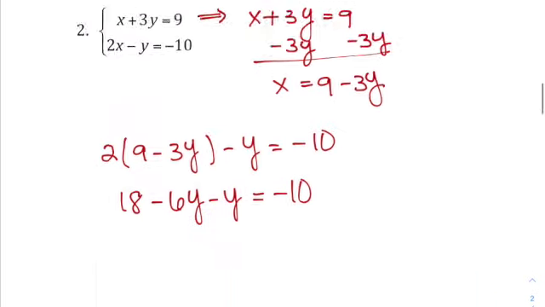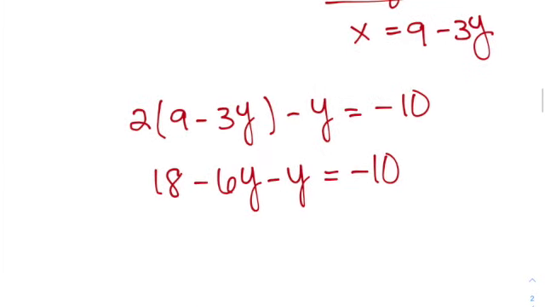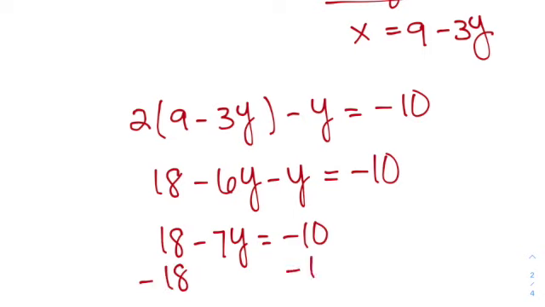And then of course you have to combine like terms, and that's going to be 18 minus 7y equals negative 10. And subtract 18 on both sides, negative 7y equals negative 28. And then you should see y equals 4.